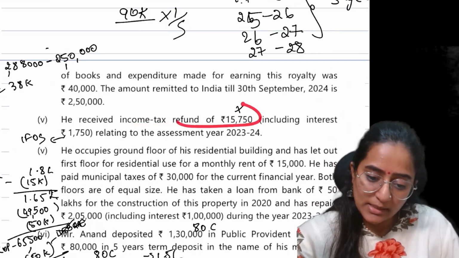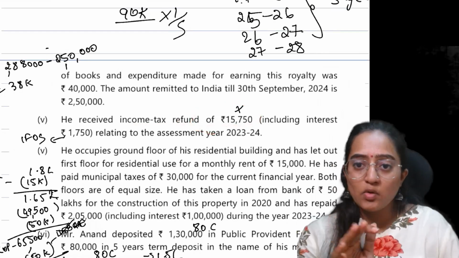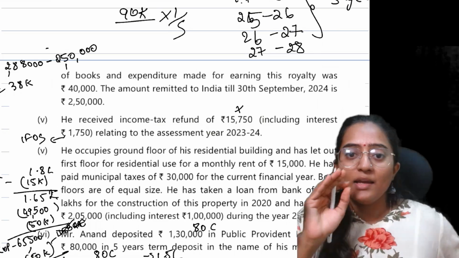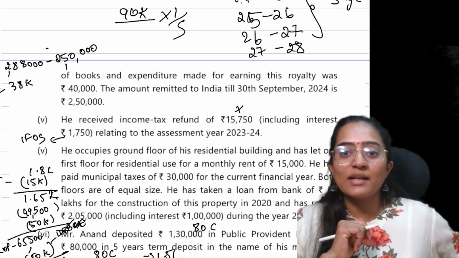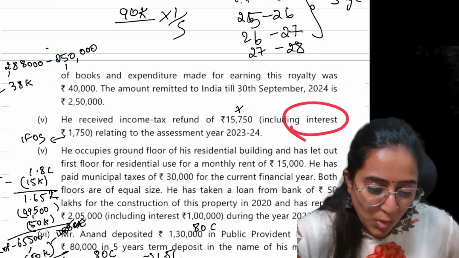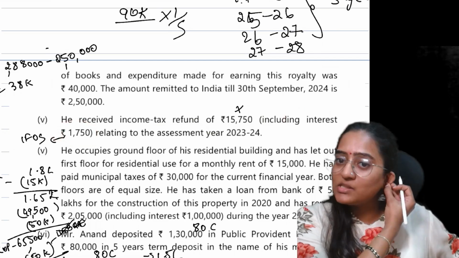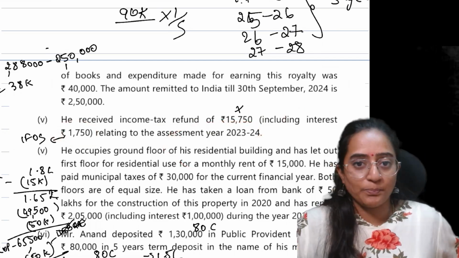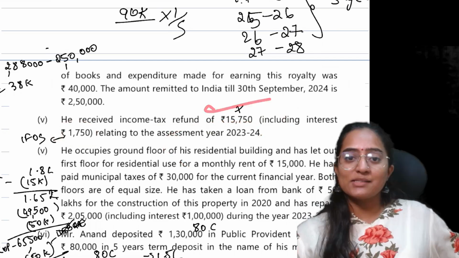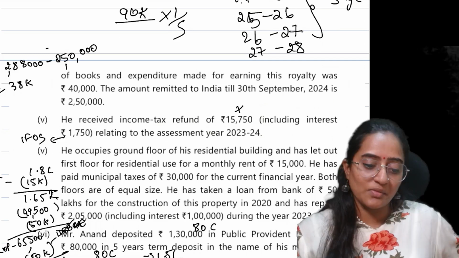See, he received income tax refund 15,750. Will you add the entire amount? Govinda, income tax refund amount is not considered. Principal amount is not considered as taxable. Interest amount would be considered as taxable. That is 1,750, which is relating to the assessment year 23-24. He received the total income tax refund of 15,750.